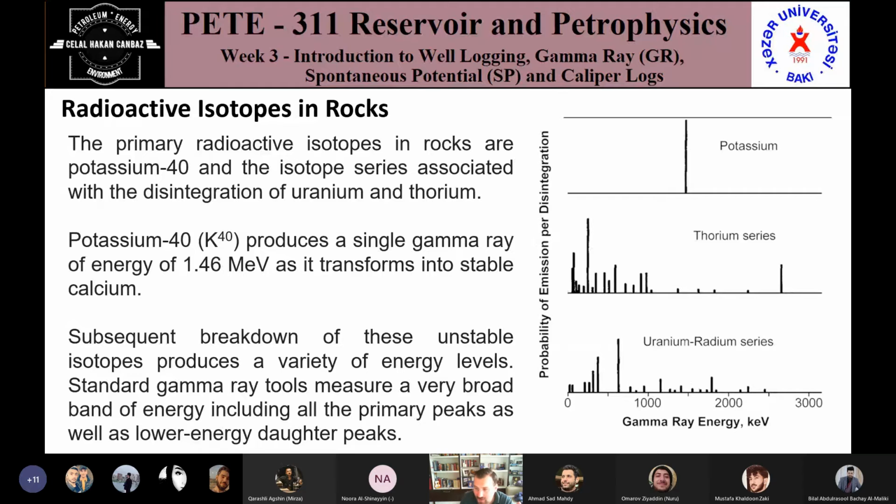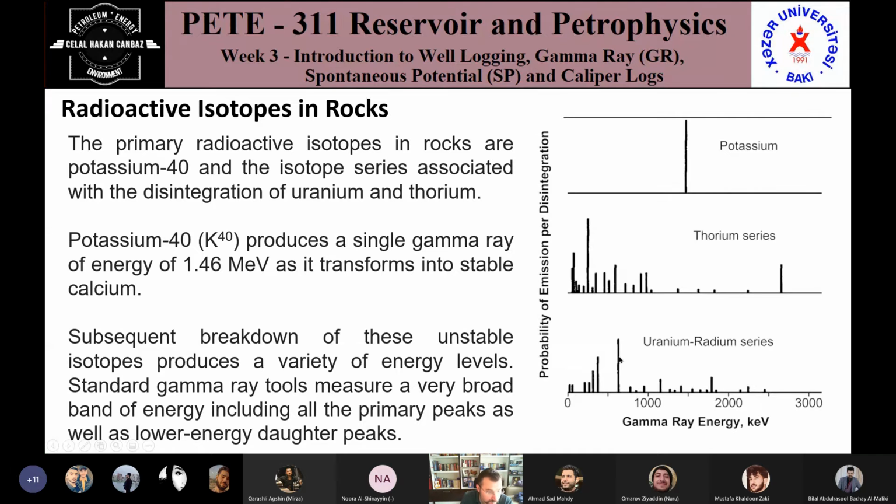On the other hand, when we check the other ones, for example thorium and uranium, each breaks down to form a sequence of radioactive daughter products. You see in the spectrum it shows many peak levels. Because of that, according to these certain peak levels, you can say this is thorium or this is uranium.